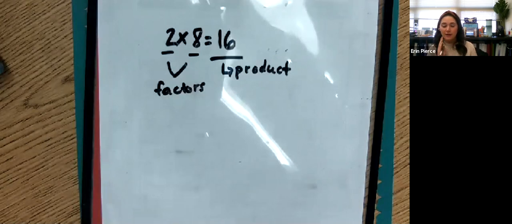What are different number sentences that you can write using different factors? So you can't just do 8 times 2. We're not talking about flipping them around. I want different factors that will give us the same product.